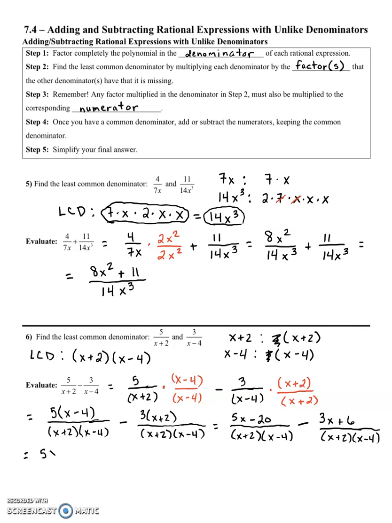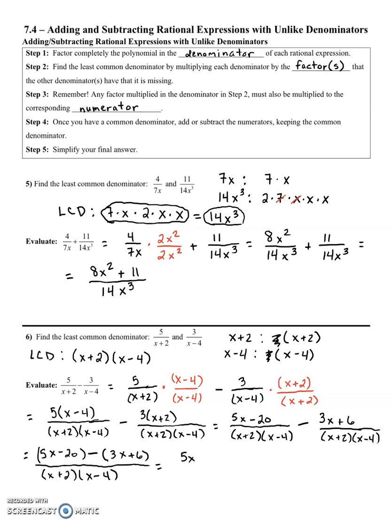Okay, now we have the same denominators, so we can combine the numerators. So we have 5x minus 20 minus 3x plus 6. And remember, we want to put each numerator in parentheses so we do not forget to distribute our negative in the second numerator.